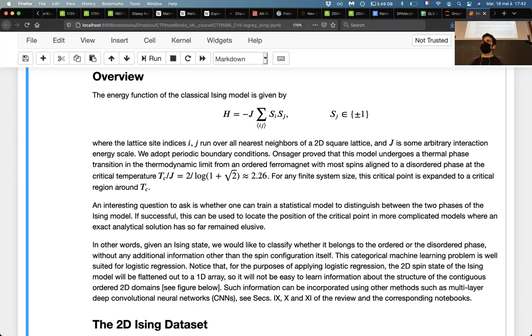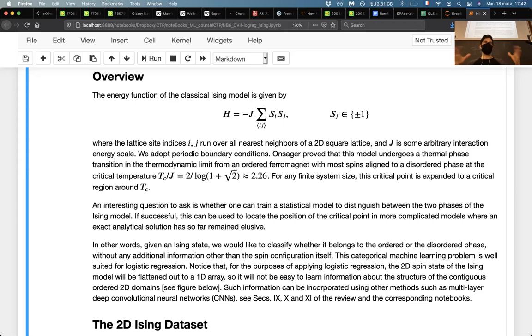But here we will take a finite size Ising model of size 40 by 40. So we have 40 squared spins. And we will sample the Gibbs-Boltzmann distribution associated with this Hamiltonian, and we will generate many, many configurations at different temperatures.